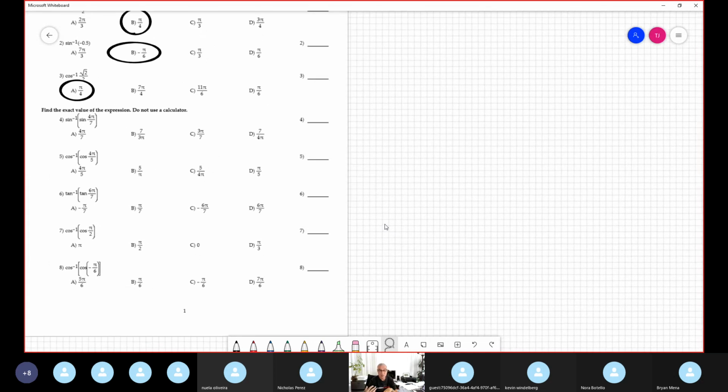Okay, so now let's do it in combination. Combination of trigonometry and inverse together, like a composition, no? In different order, crazy. Number 4 is sine inverse of sine of 4 pi over 7. This is the angle.